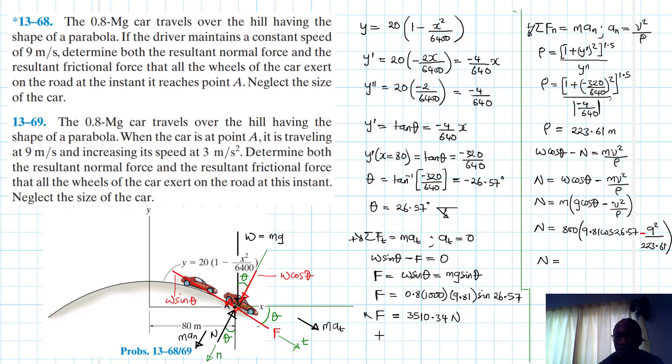Let's work it out. We have 9 squared divided by 223.61, and then 9.81 cos 26.57, then times 800.